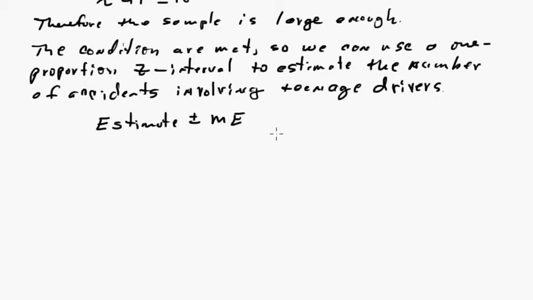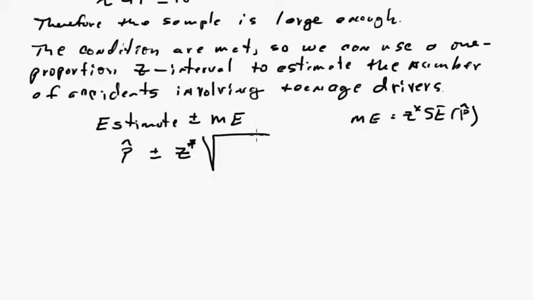The margin of error is z star times the standard error of p hat. So our estimate is p hat plus or minus z star times the square root of p hat times q hat divided by n. That's what the standard error is right here.